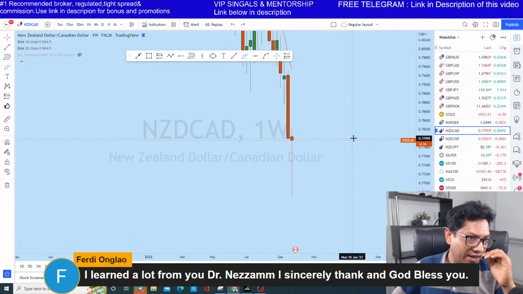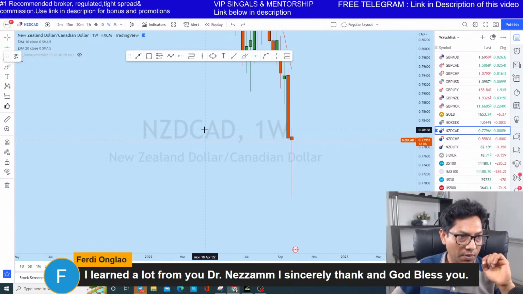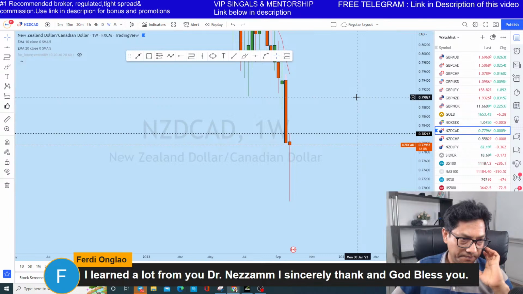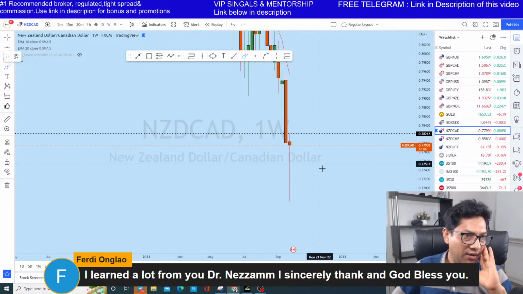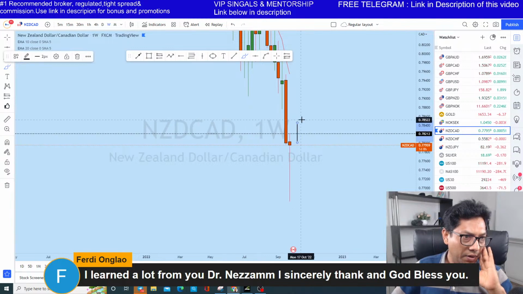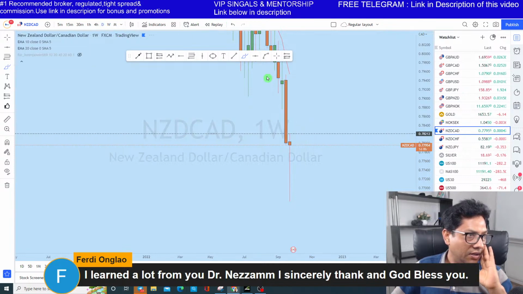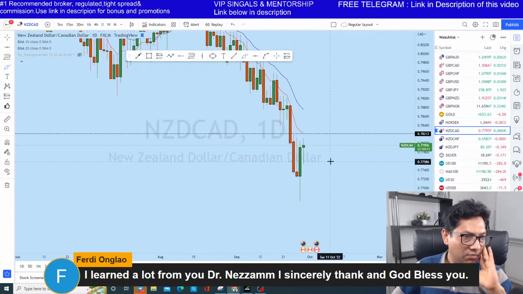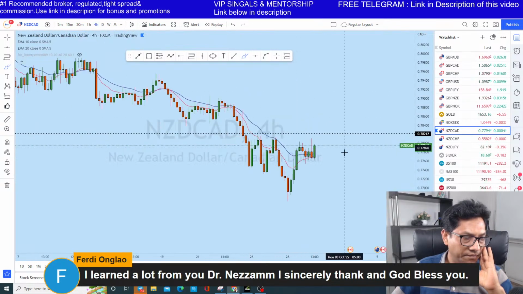If it does this, the price might break this weekly high, go up, grab liquidity, and then drop again. If you go to the daily, we see that this is the daily high. There's a doji. Look at the 4 hour.